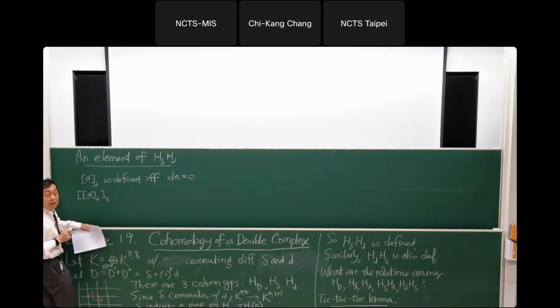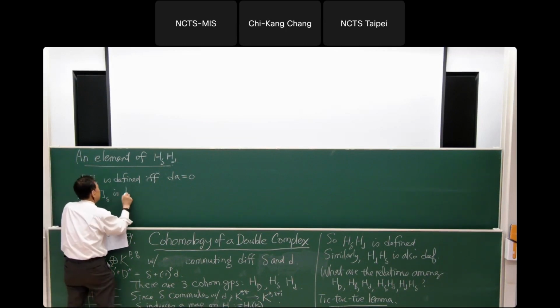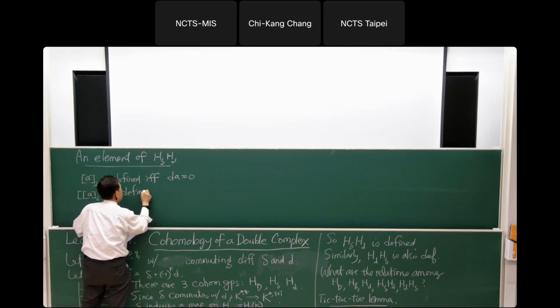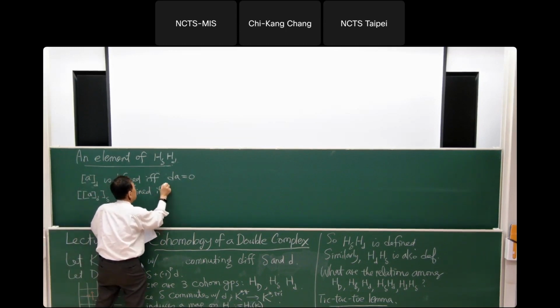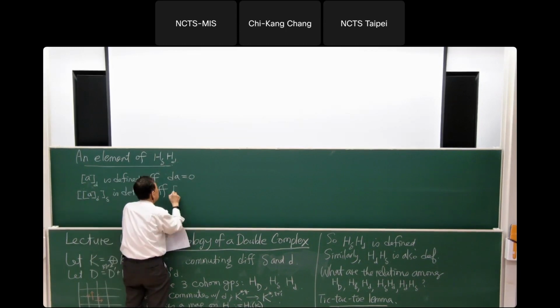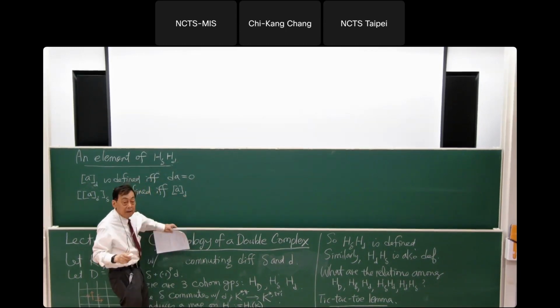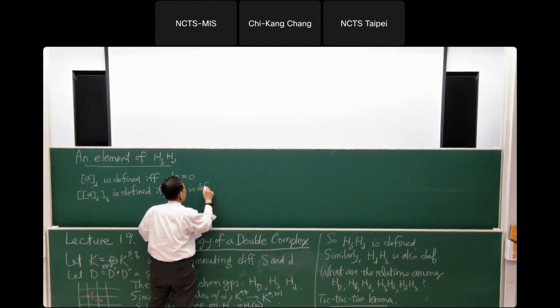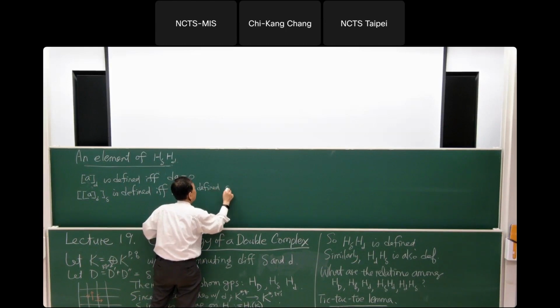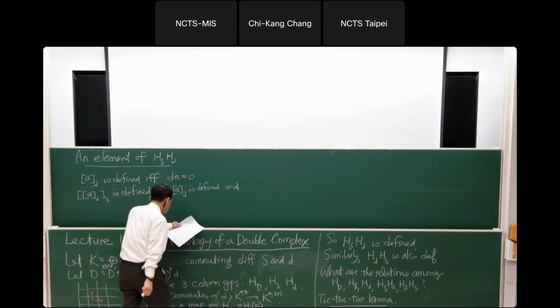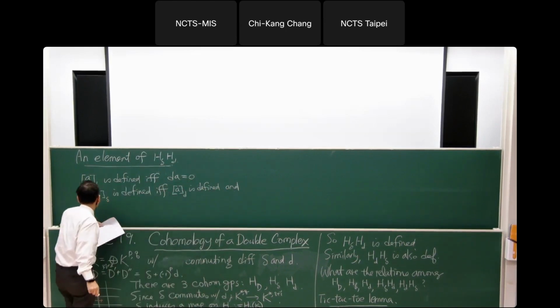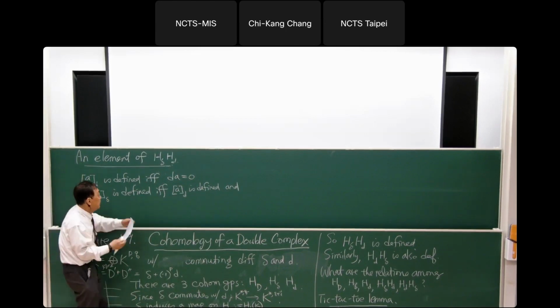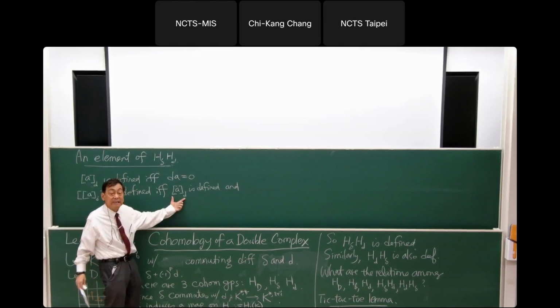Okay. So this is defined if and only if, first of all, the class of A in little d is defined, and then this element should be a delta cocycle, right?